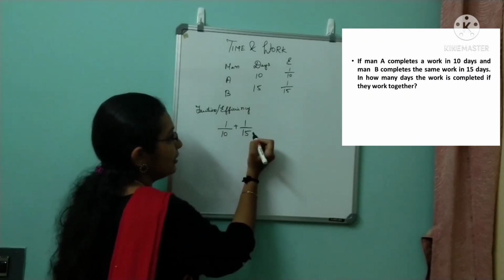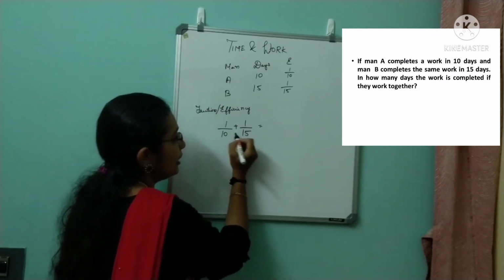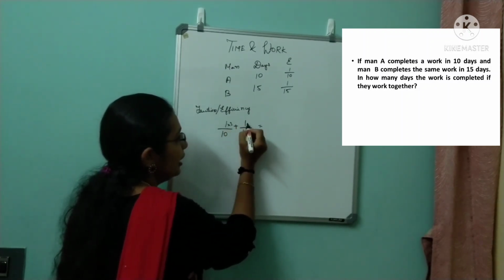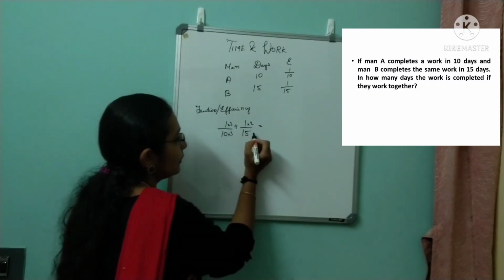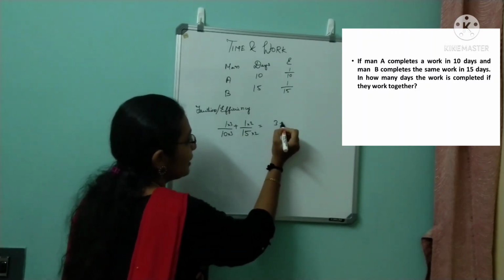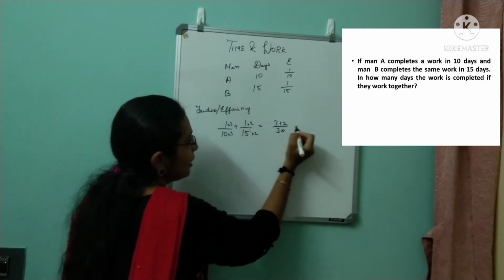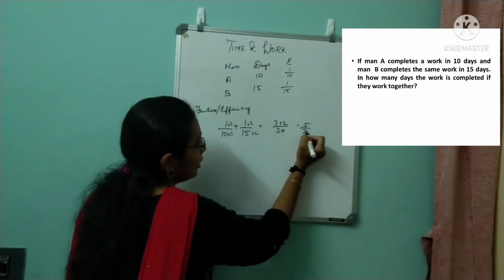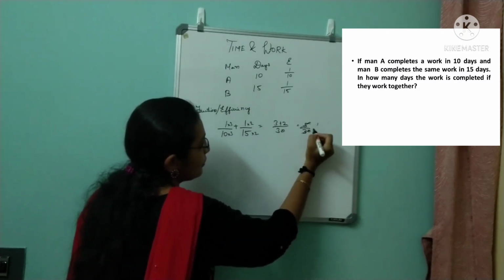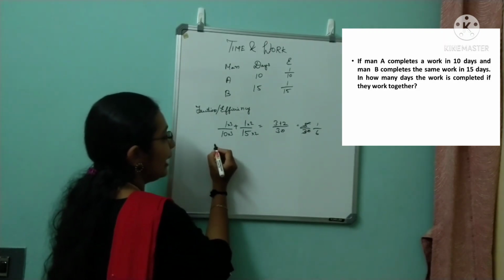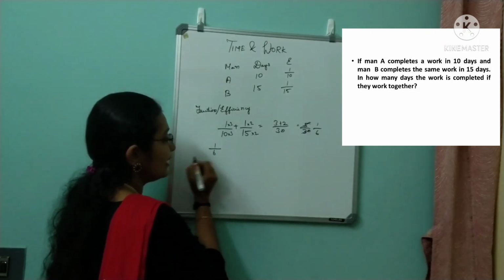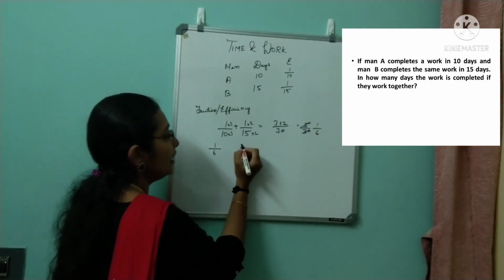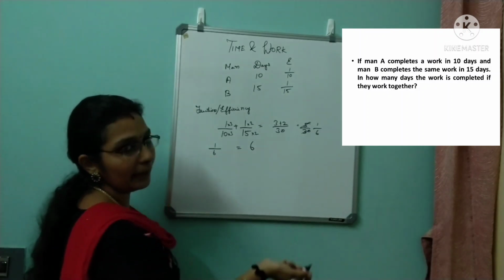This is their per day efficiency. Taking the LCM, which is 30, we get 3 plus 2 by 30, which is 5 by 30, and on simplification it is 1 by 6. So efficiency per day is 1 by 6 if they work together. So how many days will they take? 6 days to complete the work.